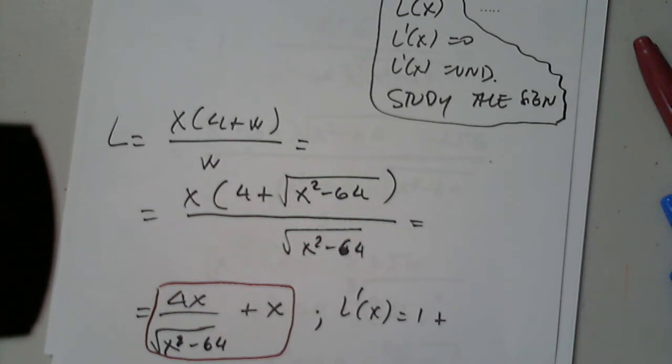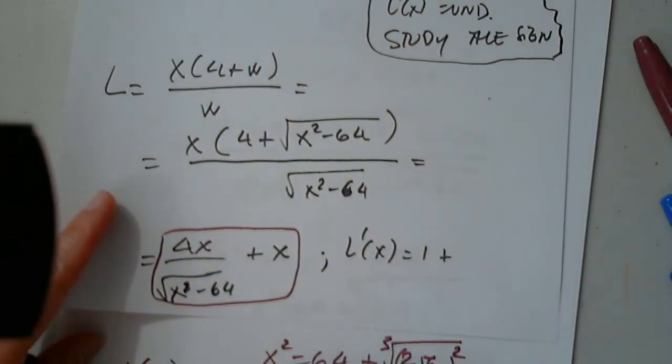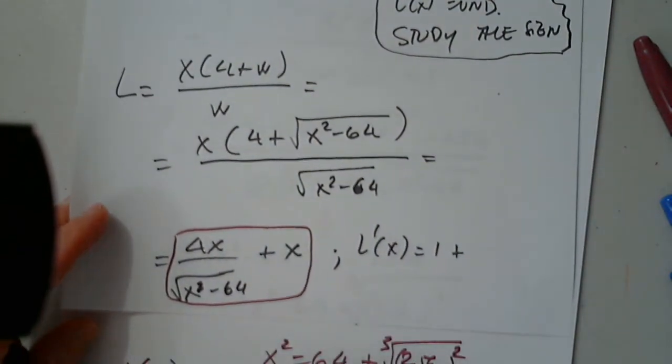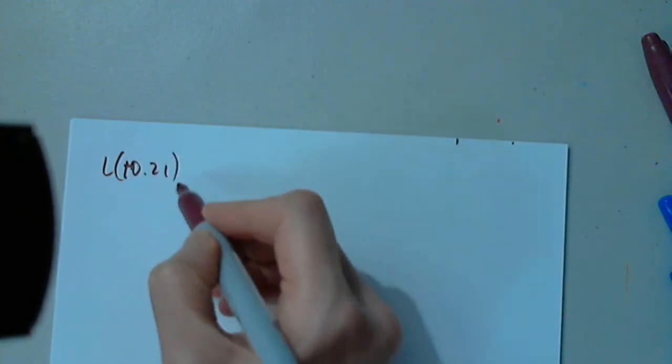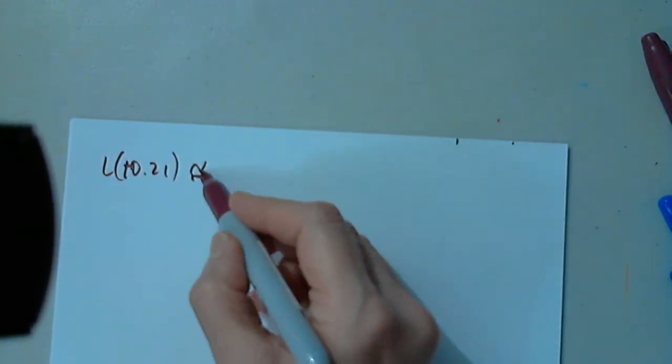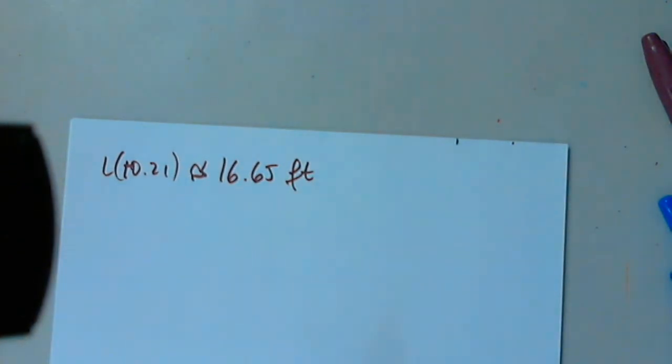Calm down with those errors. Okay, so 2 decimal digits, the length of the ladder should be 16.65. So L of 10.21 is approximately 16.65 feet. I don't know if this gives a minimum or a maximum.